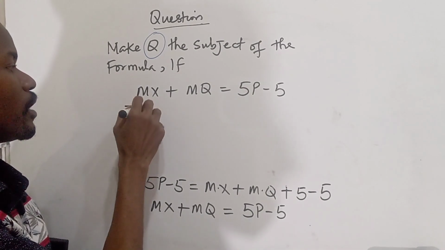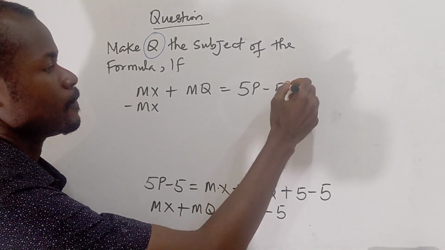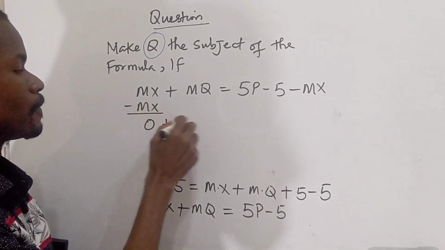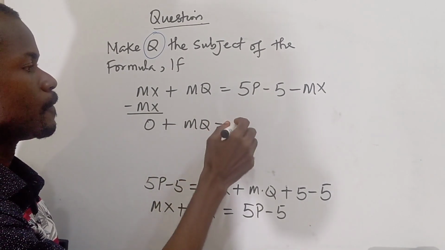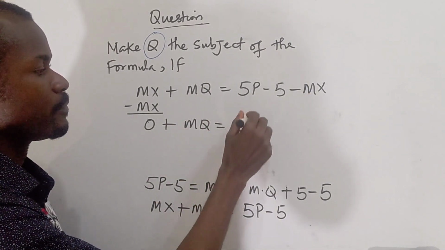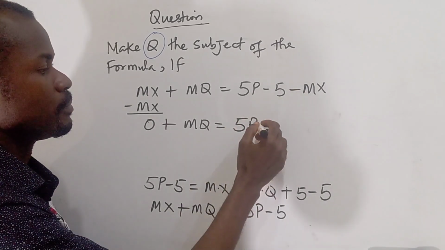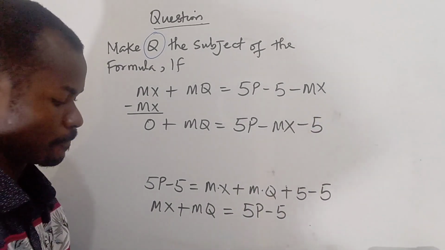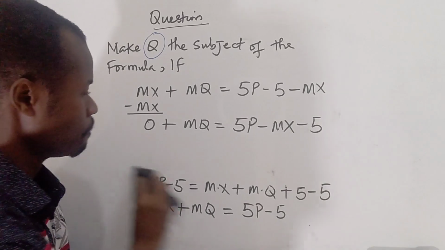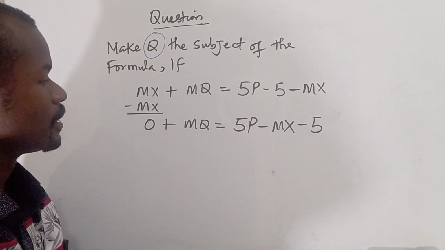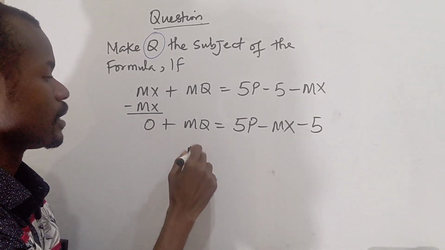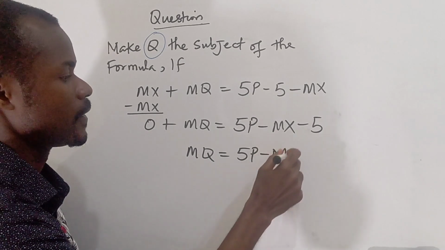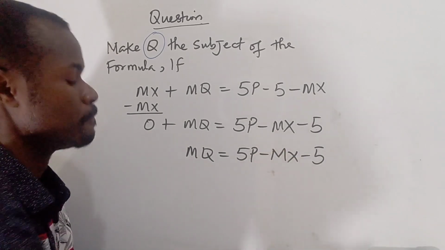So I'm going to remove mx. So I'm also going to remove mx here. So this is 0 plus mq is equal to, I can write this as 5p minus mx first, and minus 5. All right. Now from this, mq is equal to 5p minus mx minus 5.